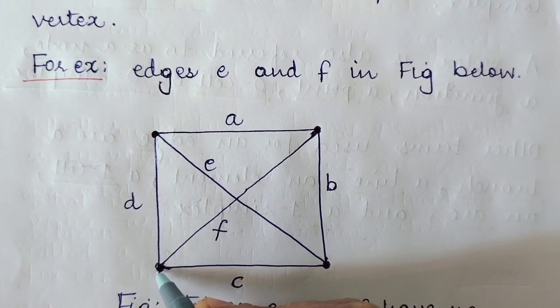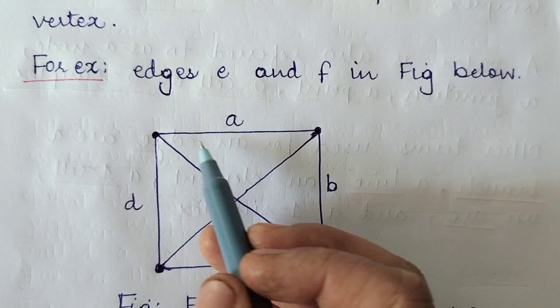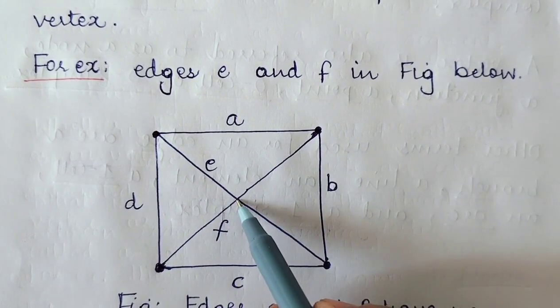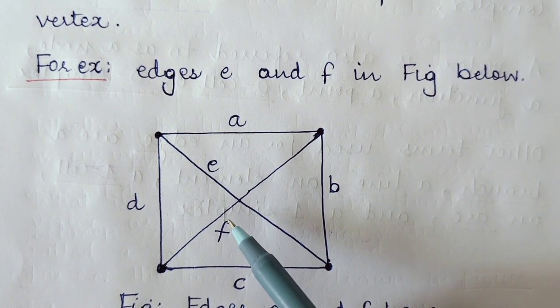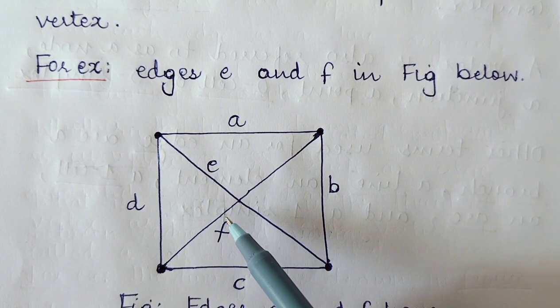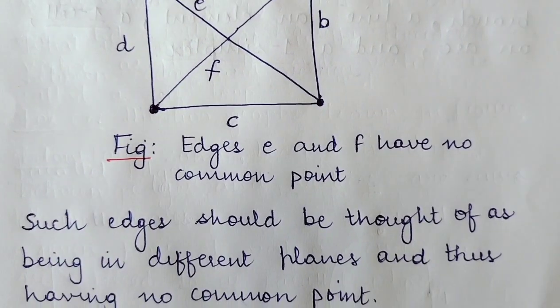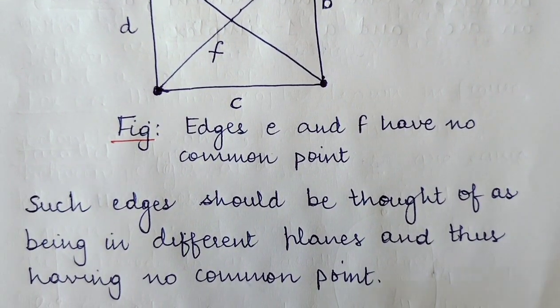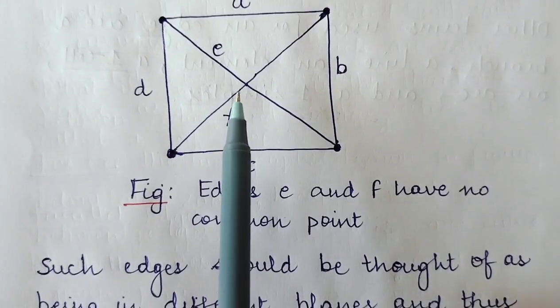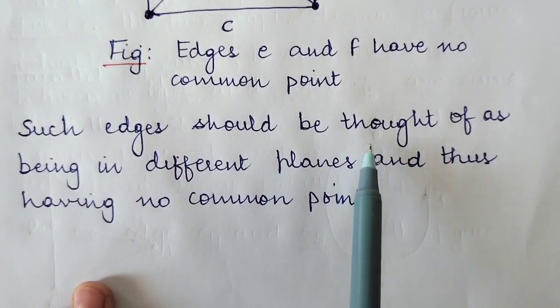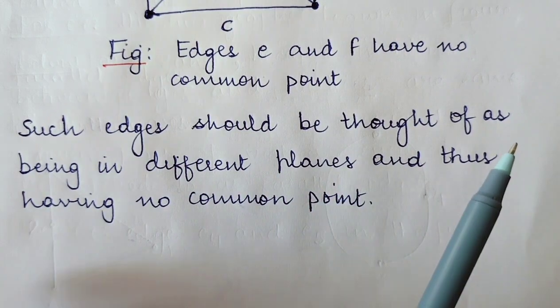But there is no vertex at this point where edge E and edge F are intersecting. So such edges should be thought of as being in different planes and having no common point. Since this is not a vertex, you should think of edges E and F, or any such edges, to be in different planes, and thus they have no common point.